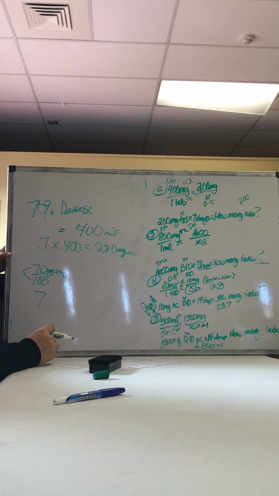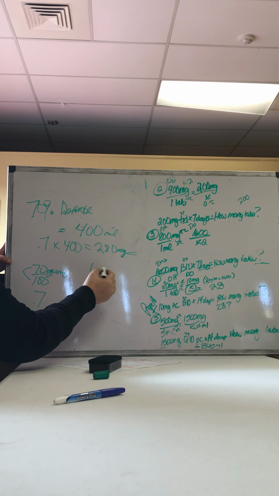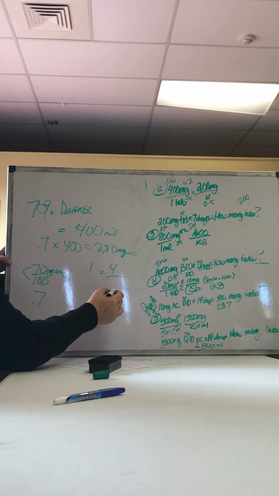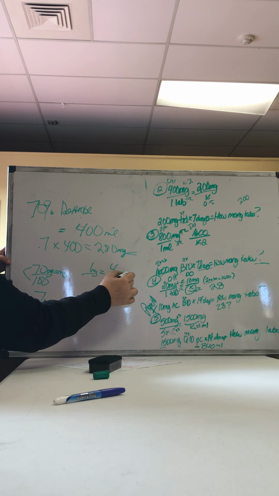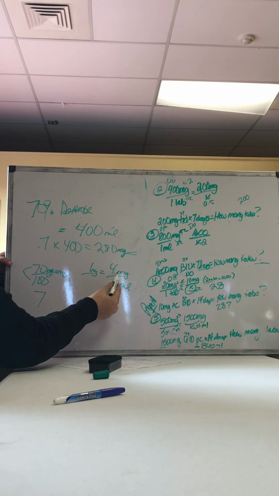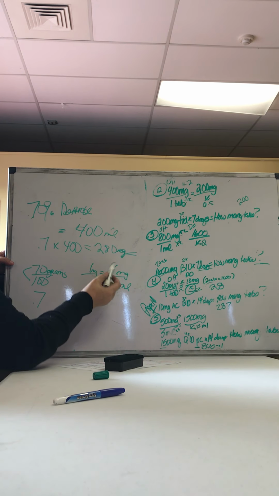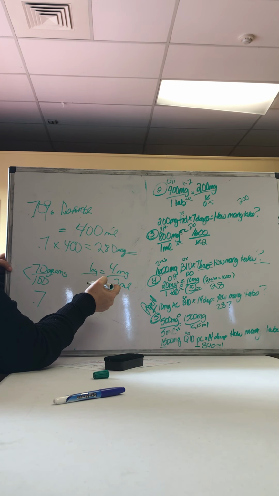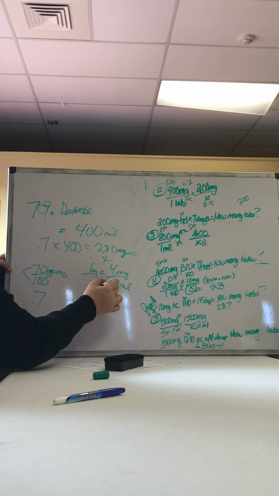So there are 3 different approaches when you're trying to figure out your problems. You can do the ratio, which is problems like this. You've got 4 milligrams in 2 milliliters, and they want 1 milligram. The ratio would be, how did I get from 1 to 4? You times by 4, so you times this by 4. Oh, I did it backwards. How do you go from 4 to 1? Times 4? No, 4 to 1 is divided by 4. So you go 2 divided by 4.